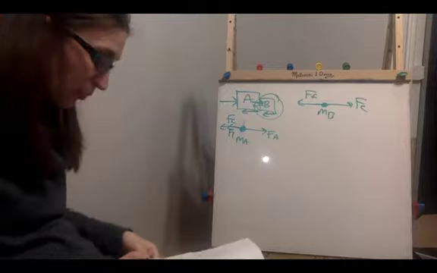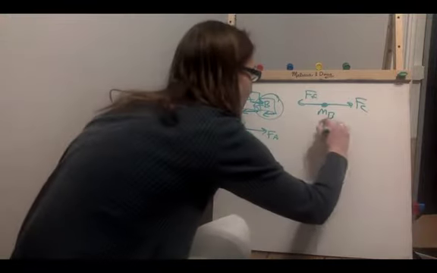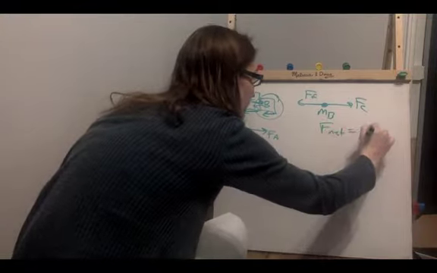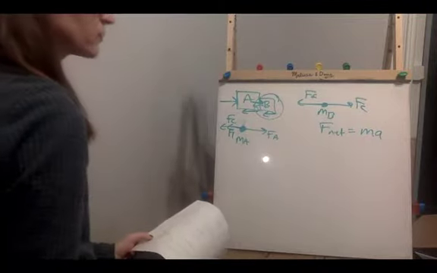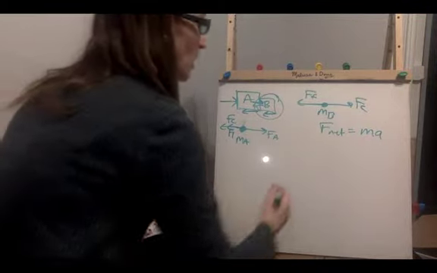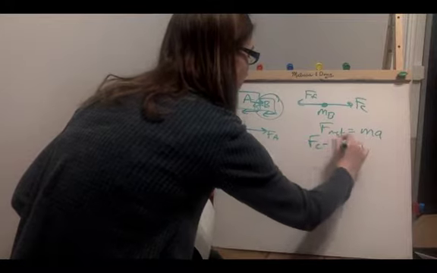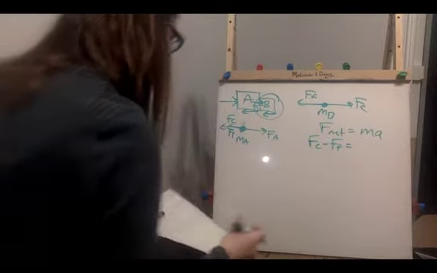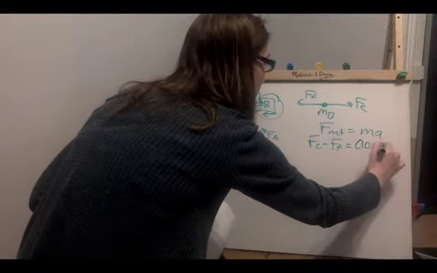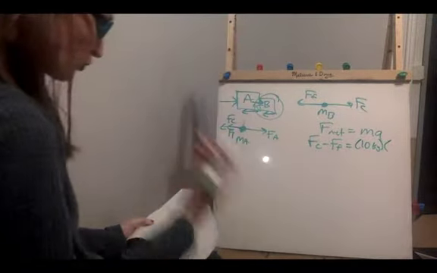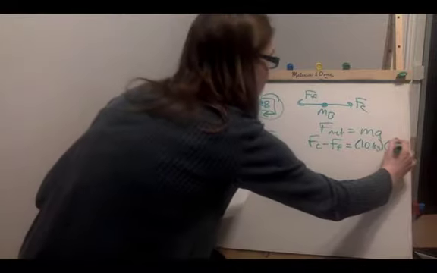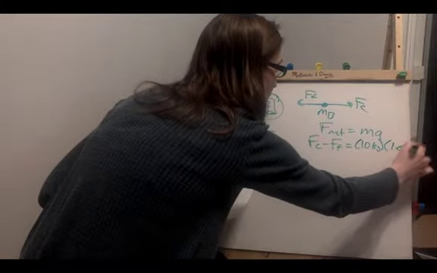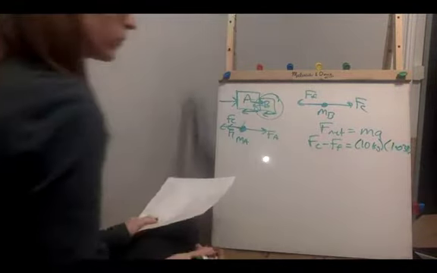So that would be the simpler one to deal with, where your F net, being mass times acceleration, would simply be your contact force minus your force of friction, which is equal to your mass, and that one was 10 kilograms, multiplied by the acceleration, which we calculated as 1.038 meters per second squared, right?